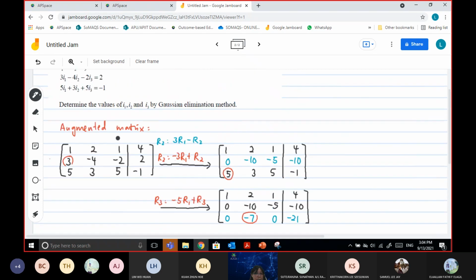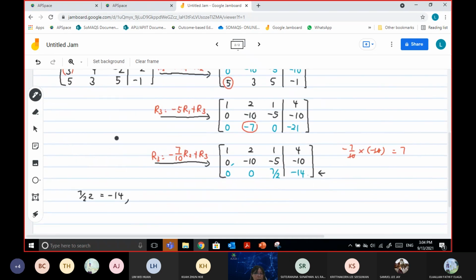This is R1, R2, R3, so this column is R1, R2, then R3. That means this one is supposed to be I3, so I will get I3 as negative 4.